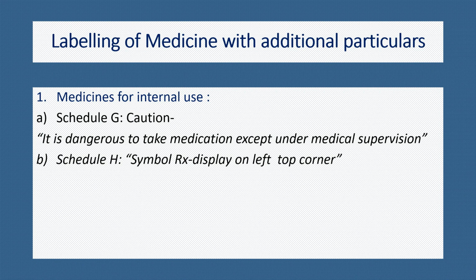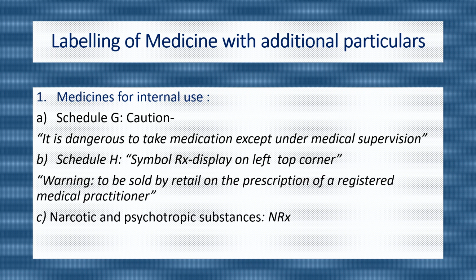Then if it is a Schedule H drug, there should be the symbol Rx displayed on the left top corner of the label. Then the warning: to be sold by retail on the prescription of a registered medical practitioner, under Schedule H.